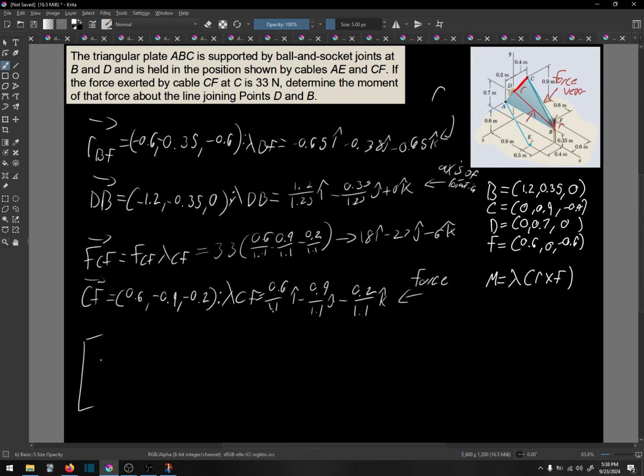R across the top: negative 0.6, negative 0.35, negative 0.6. Then 18, negative 27, negative 6.